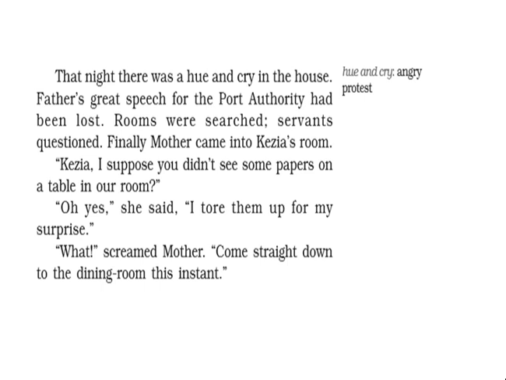Father had prepared a speech to deliver to the Port Authority, and its pages were lost. Rooms were searched, in all the rooms. Servants were questioned, many servants were asked. Finally mother came into Kezia's room.